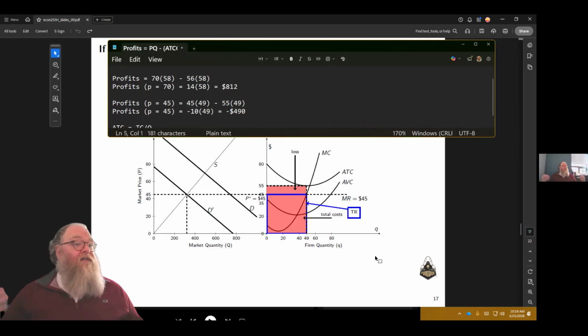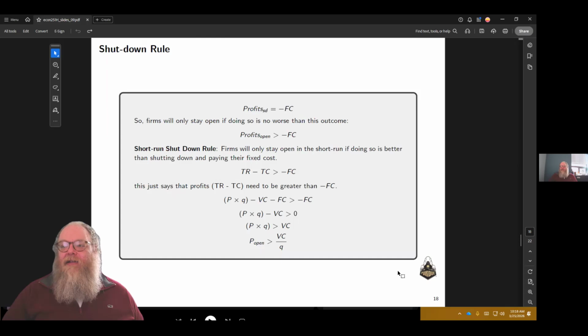Now, we're ultimately going to have a very specific rule as to when you would drop out or when you would choose to stay in the market. And so let's get into that particular idea. So in the short run, we're going to have a distinct shutdown rule in the short run versus the long run, although they're very similar, but a little bit distinct.